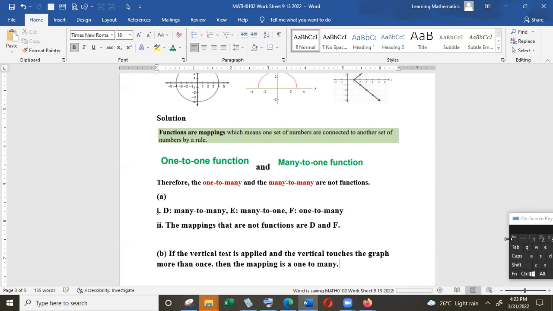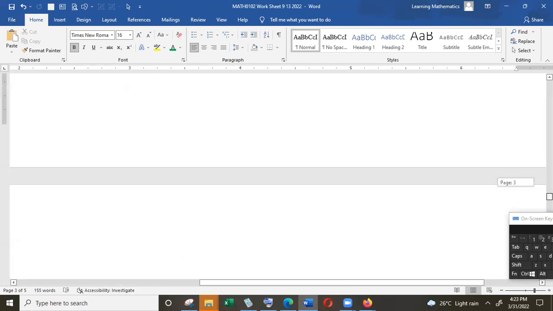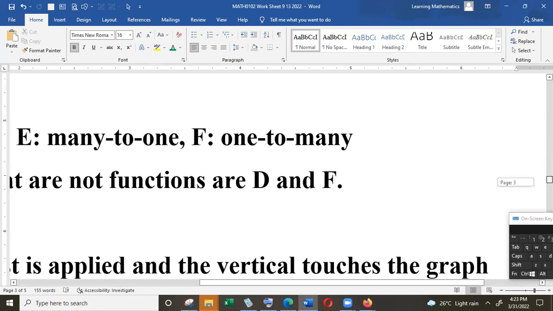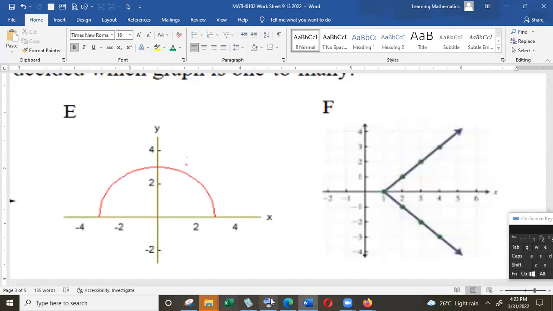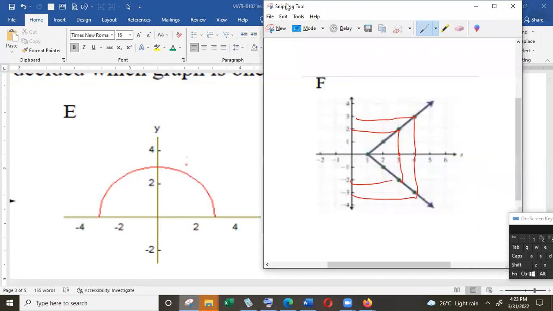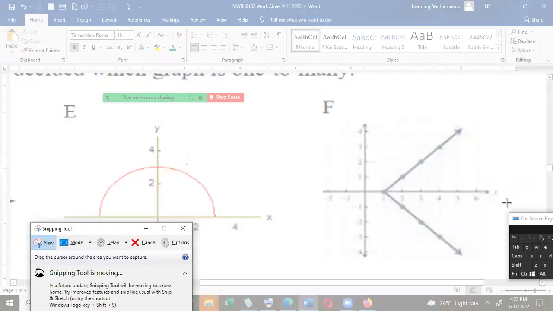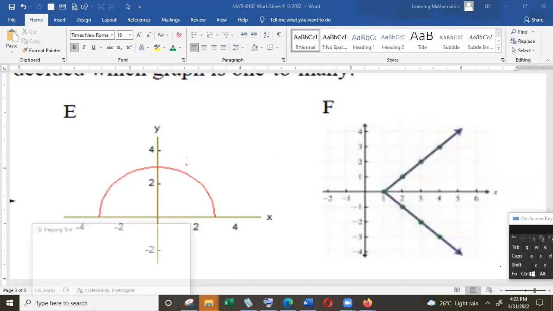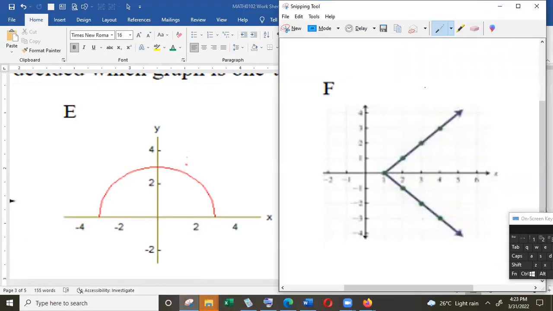All right. So take for instance F. Okay, here's F. We already identified F to be a one to many. And if you draw a vertical line coming down and it touches the graph twice, it touches it here and it touches it also here.